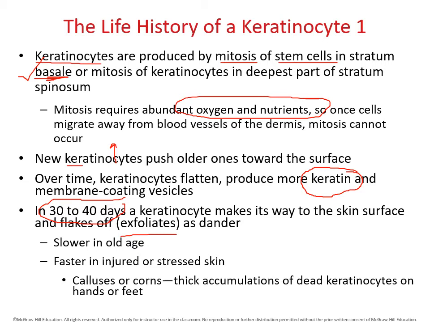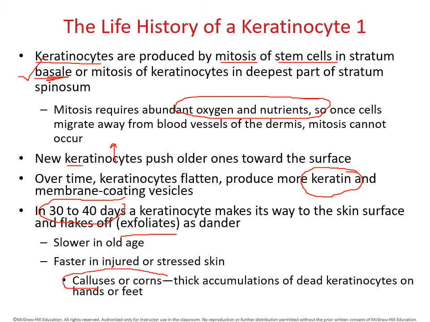Now, as we age, the process of producing our skin cells and their migrating pattern will slow down, and we do see that if the skin is persistently injured or stressed, it will speed up the production of the keratinocytes, and that is what can cause calluses or corns to form.